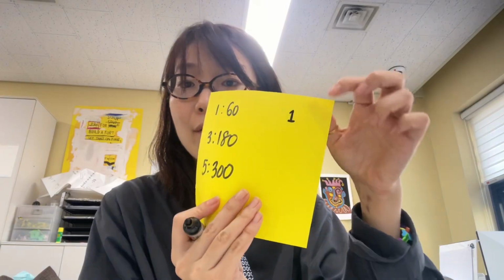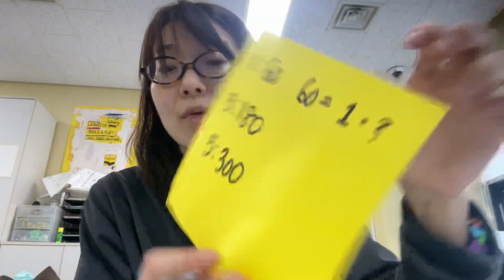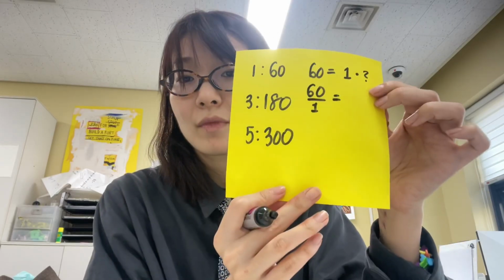So that means for 1 acre of rainforest, we don't know how much it costs, but it's going to cost us $60 in total, right? So what we have to do is 60 divided by 1. So therefore, it's $60 per acre, right?